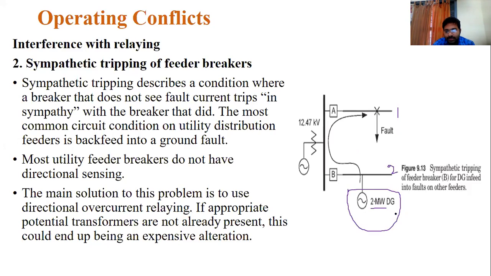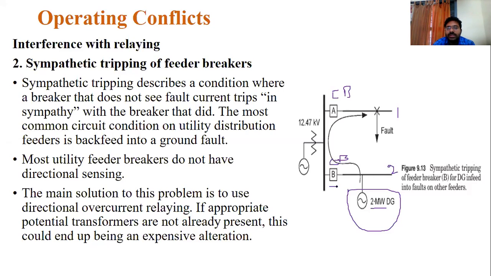These are the circuit breakers, feeder circuit breaker 1 as well as feeder circuit breaker 2. If any fault occurs in feeder 2, first the fuse is going to melt, then the recloser operates, and after that the circuit breaker opens.